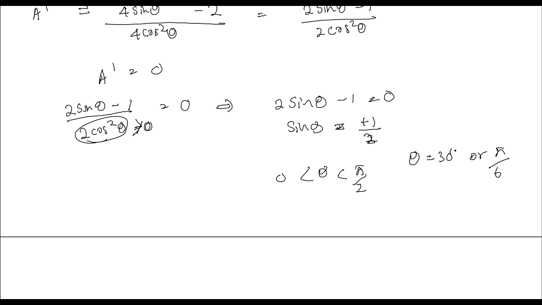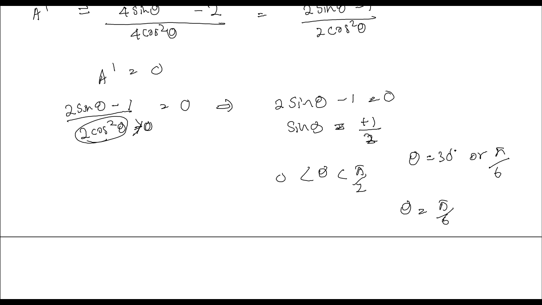So the answer is theta would be pi by 6, but if you stop at that point you won't get the full marks, because this only shows that theta at pi by 6 is a stationary point. It doesn't tell whether it's a maximum or minimum. So you need to prove whether it's a maximum or minimum.